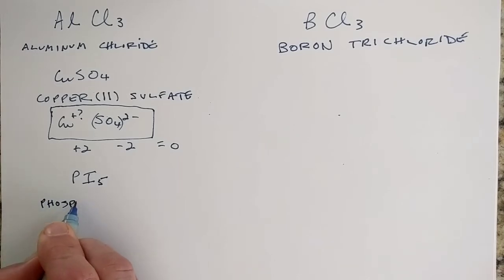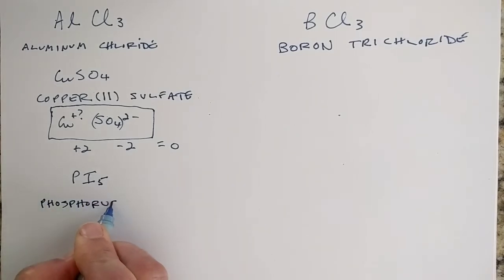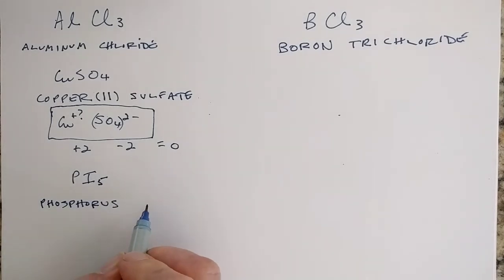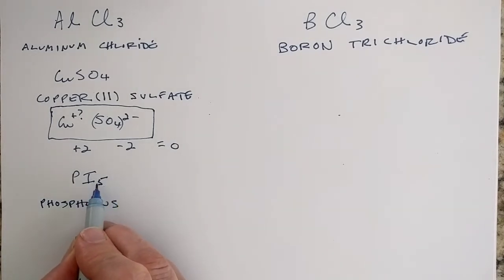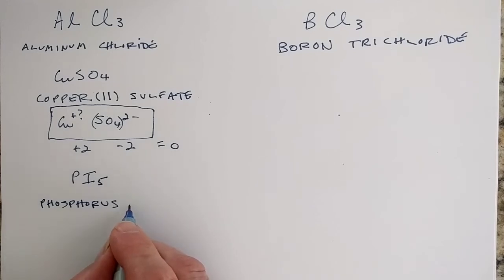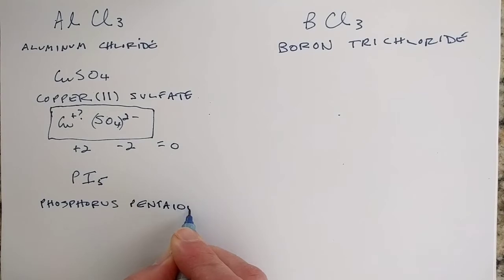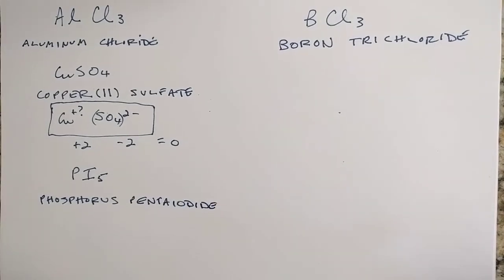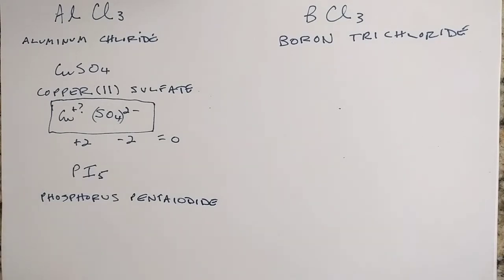The first element gets its full name, phosphorus. And then the second ends in IDE. We need to indicate there's 5, so that's our prefix, penta, iodide. That's it. Phosphorus pentaiodide.